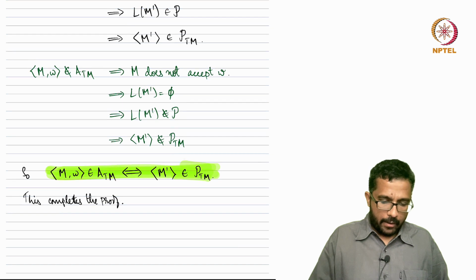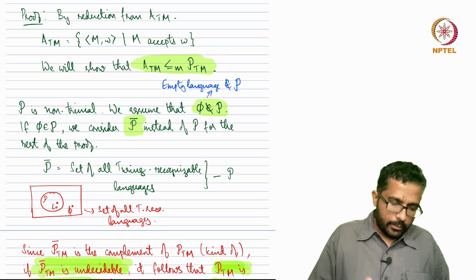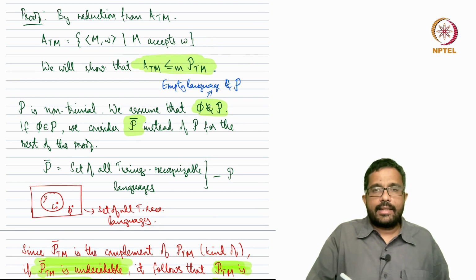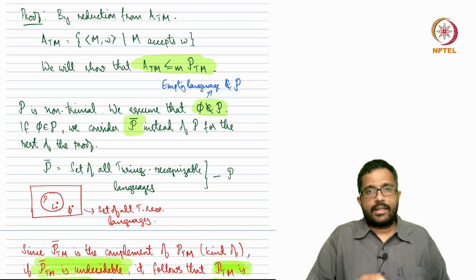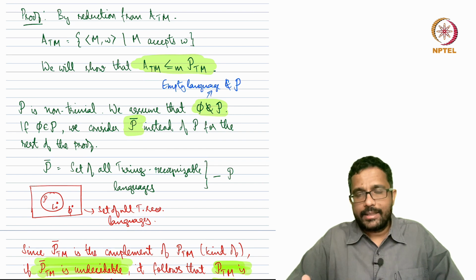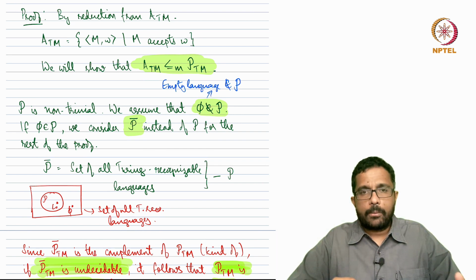So we have a reduction from ATM to PTM, and that shows that since ATM is undecidable, PTM is also undecidable. Considering how much we can do with this theorem, it's saying that whatever may be the property, it is undecidable to check whether the Turing machine has that property.